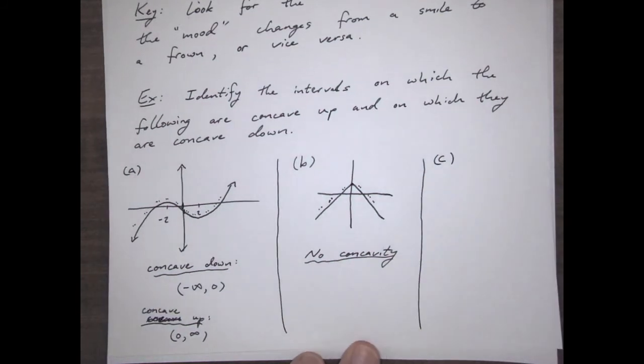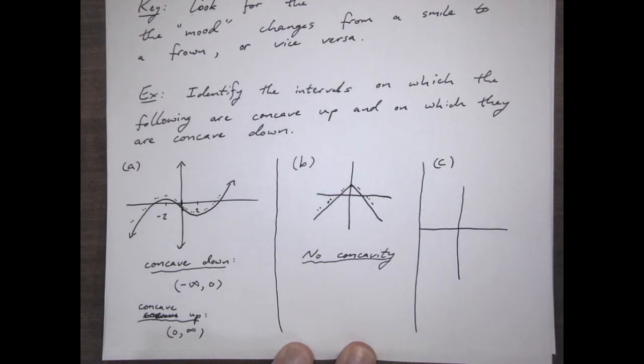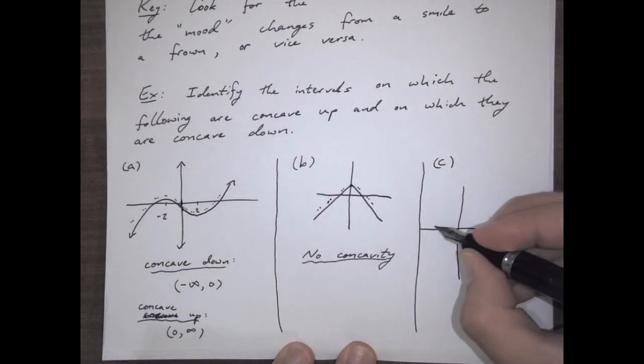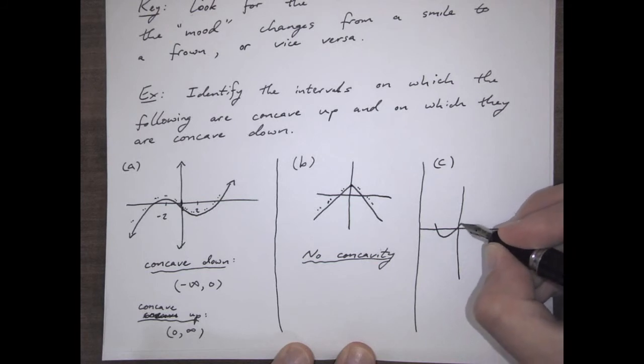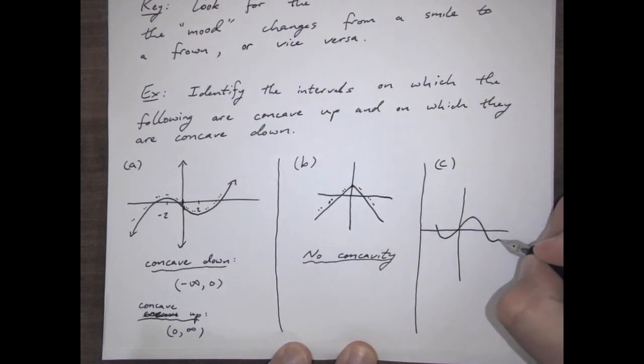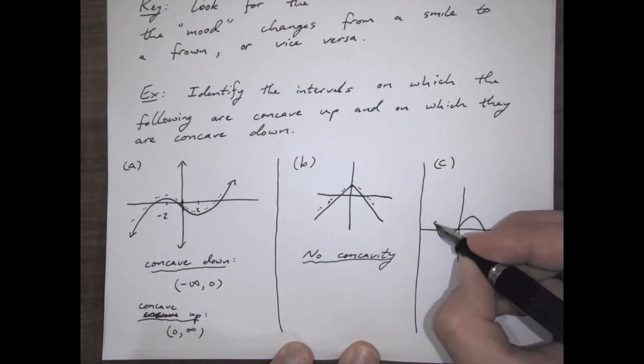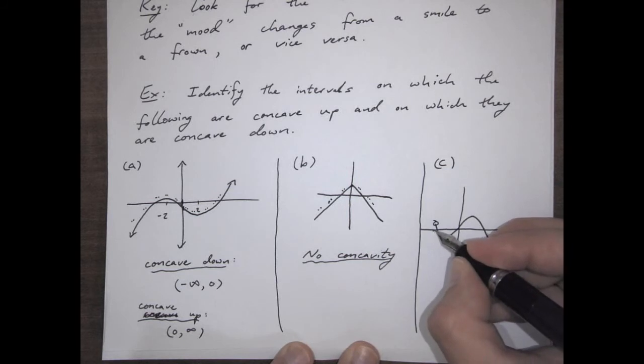Alright, and then lastly, let's take something like this. So let's go one swoop, one swoop, one swoop, and let's say that it ends at open circles.